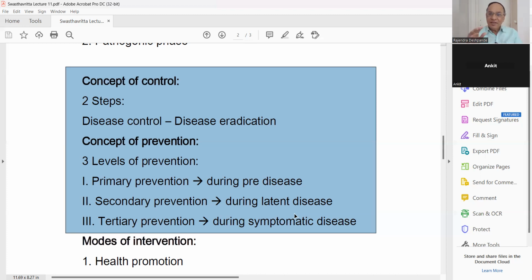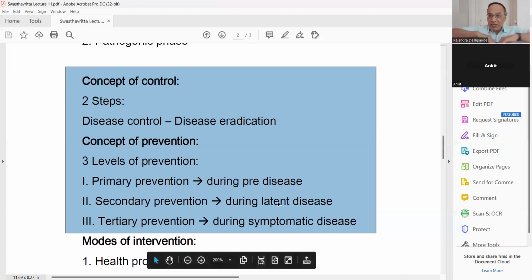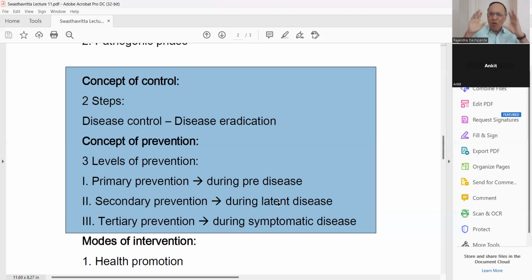That is, the disease is not yet clear. Purva Rupa in Ayurveda, or a little bit of warning signals. So this is a latent disease, ready to attack. I will start some rasayana for the liver.